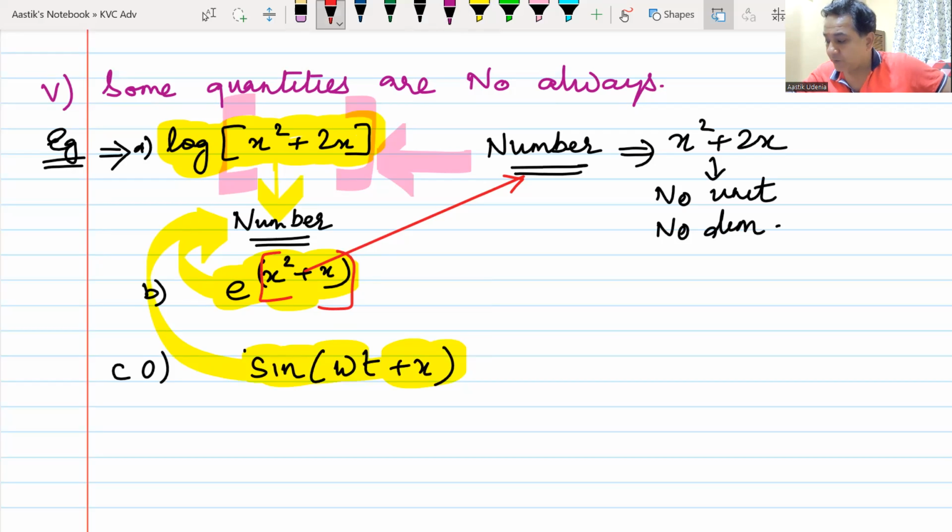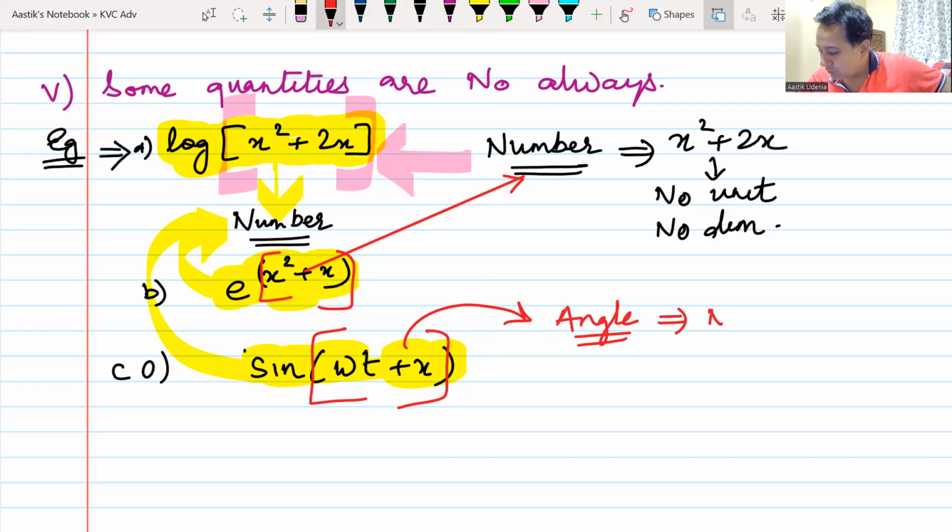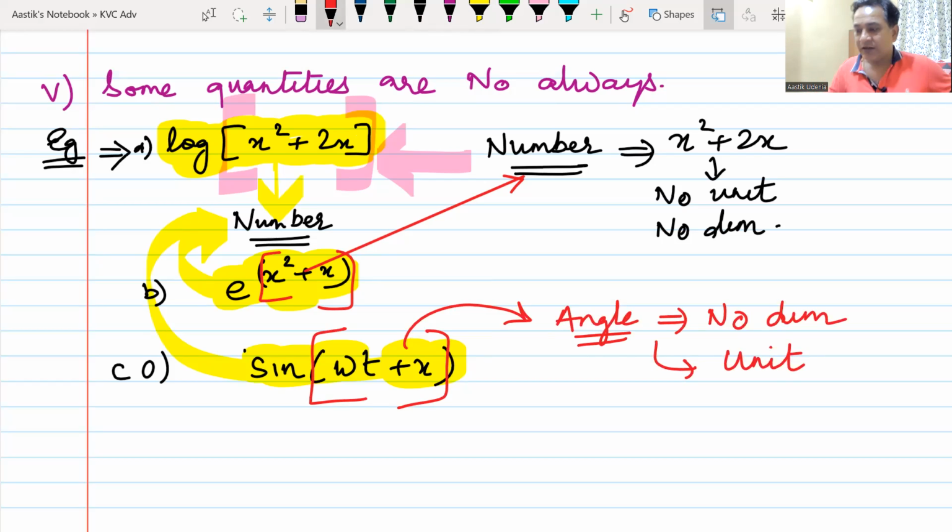But here, be careful that what is inside is not a number. This is an angle. An angle has no dimension, so dimension-wise it is 0, but it has a unit. So remember that. That is the only difference.